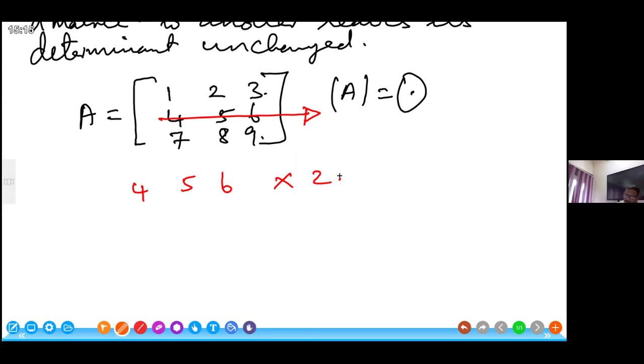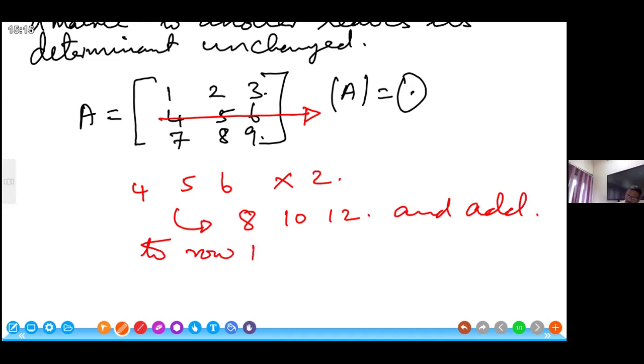So if you multiply by 2, it gives 8, 10, and 12. And add it to row 1, the first row.